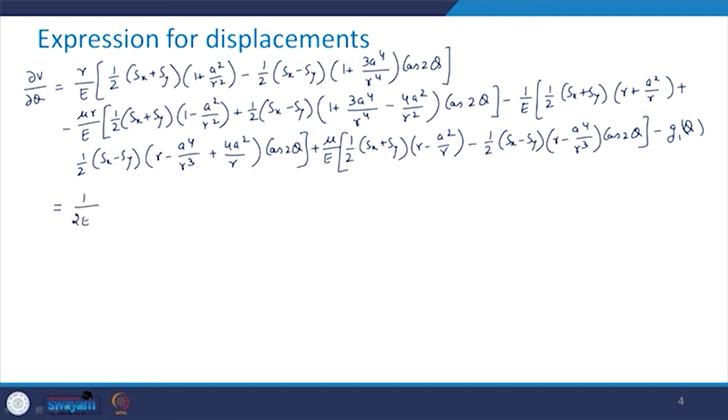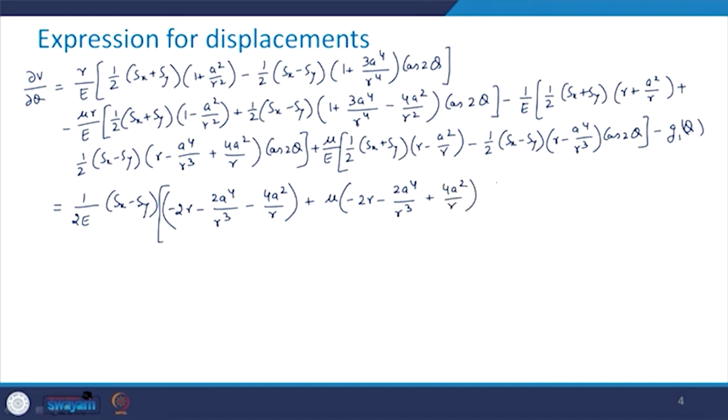1 upon 2E (Sx minus Sy) into (minus 2r minus 2a to the power 4 upon r cube minus 4a square upon r) plus mu times (minus 2r minus 2a to the power 4 upon r cube plus 4a square upon r) cos of 2 theta plus g1 theta.